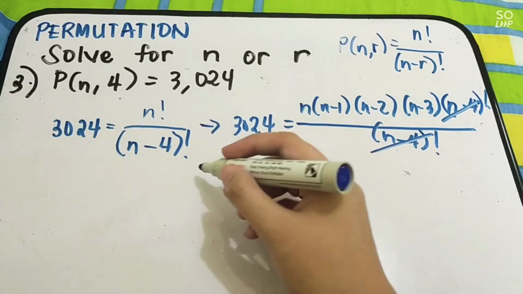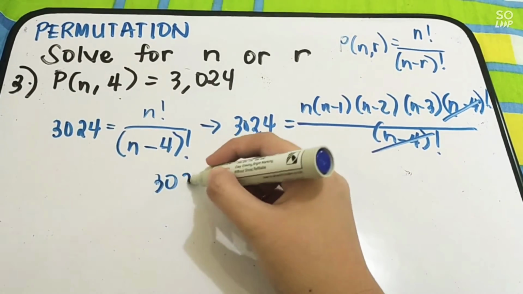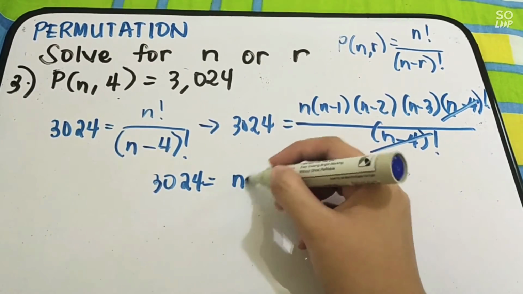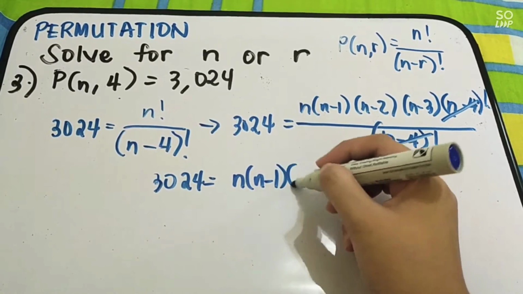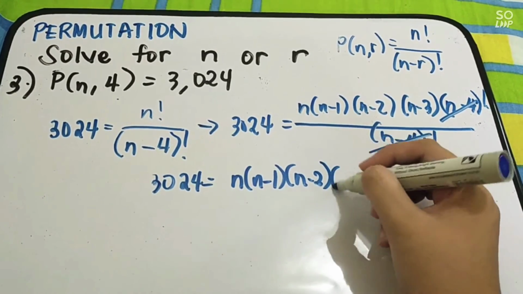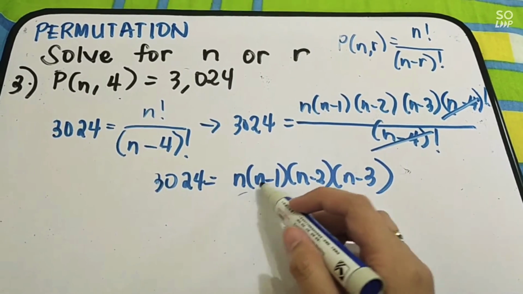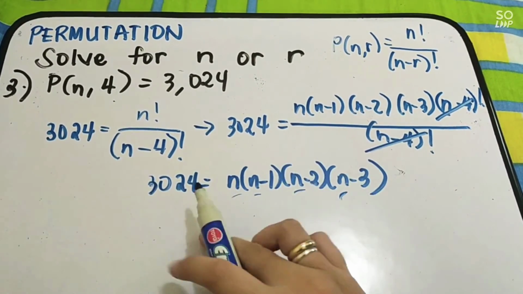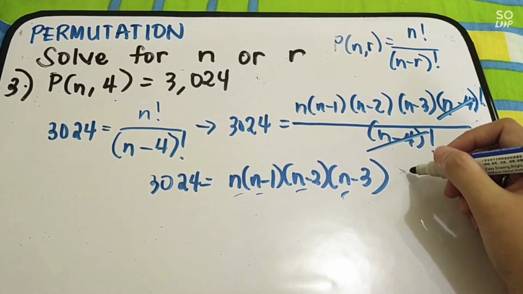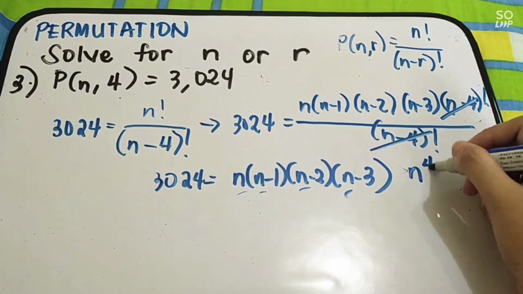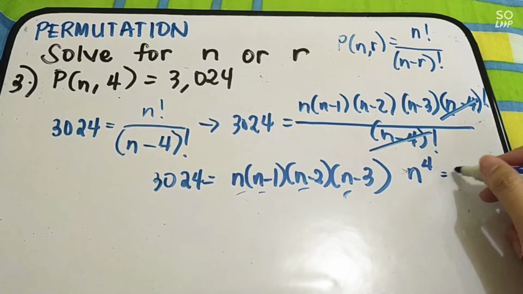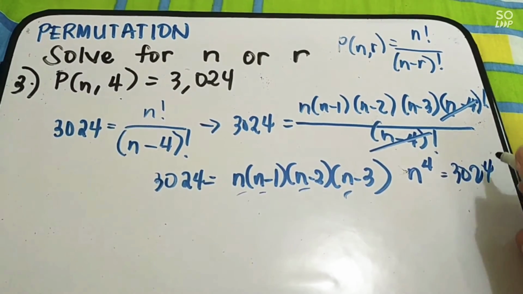So, this remains: 3024 is equal to n times n minus 1 times n minus 2 times n minus 3. Now, how many n's are there? 1, 2, 3, 4. If you multiply the 4 n's, it becomes n raised to 4.